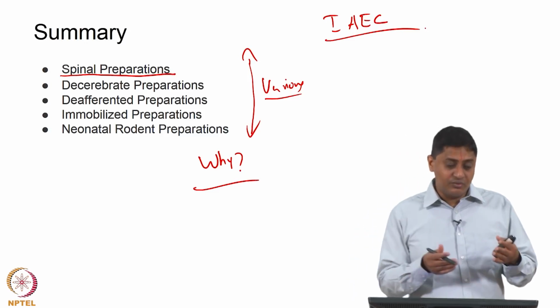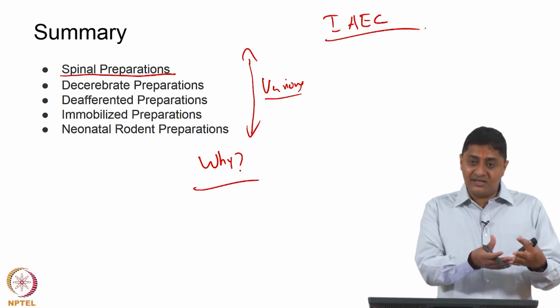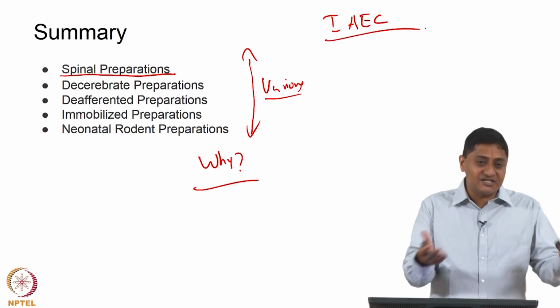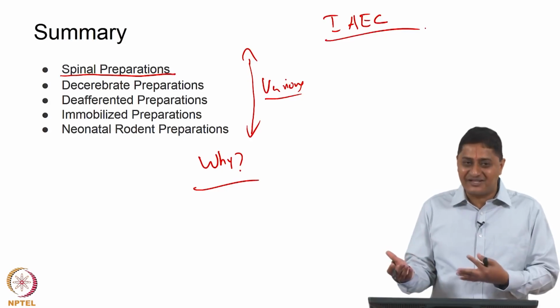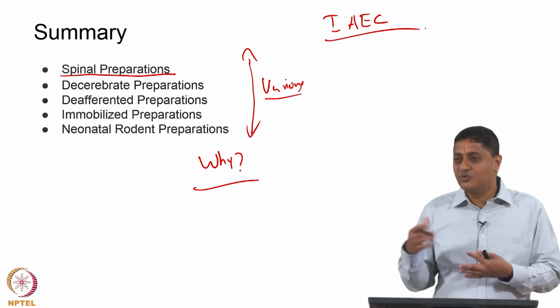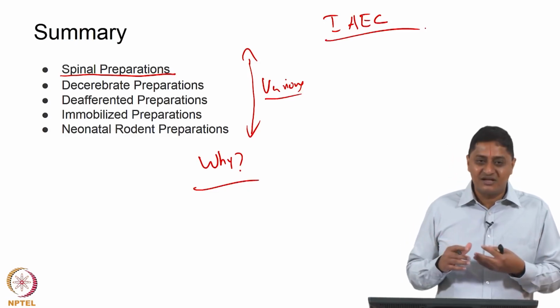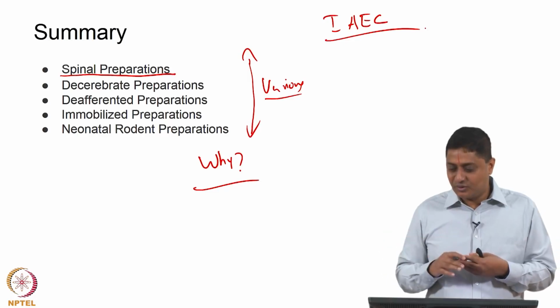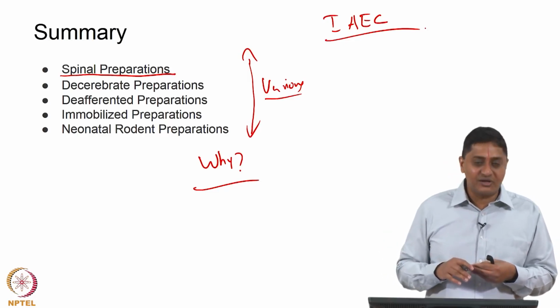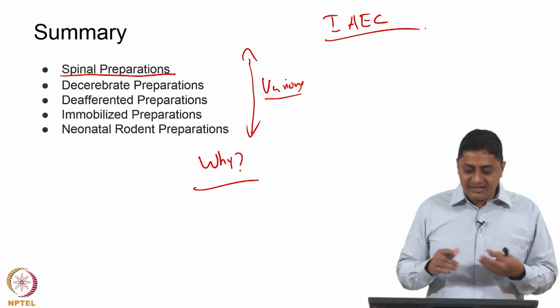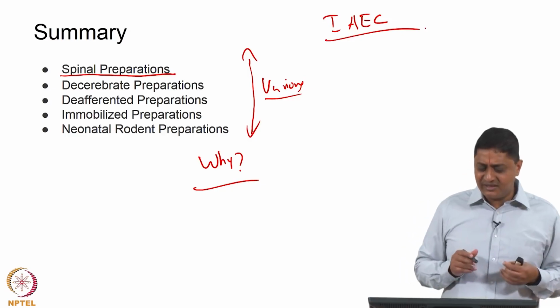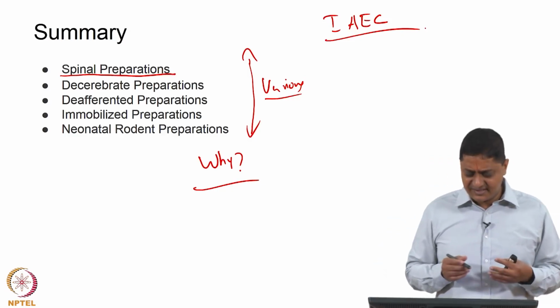People will be willing to maintain the animal in the animal house for as long as I perform the experiment. What after that? Suppose the animal is too old, should we simply sacrifice it, or should we do something else? What are the options? All these things continue to be questions of ethics.